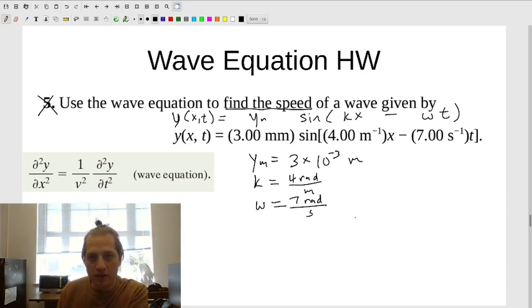So it says find the speed. Finding the speed using the wave equation is not the easiest way to find the speed. The easiest way to find the speed is just to go, aha, speed is omega over k.